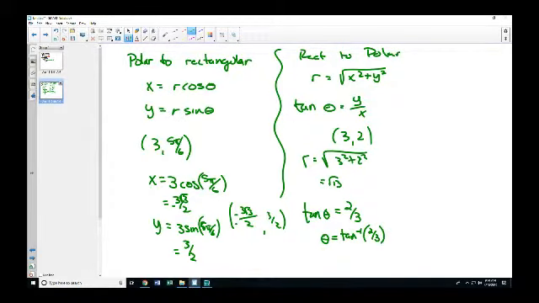That's a calculator question. Make sure you're in radians mode. Do we ever use degrees in calc? No. Radians are your real number measurement for an angle. Degrees are not. Anybody know what tan inverse 2/3 is? Calculator does.